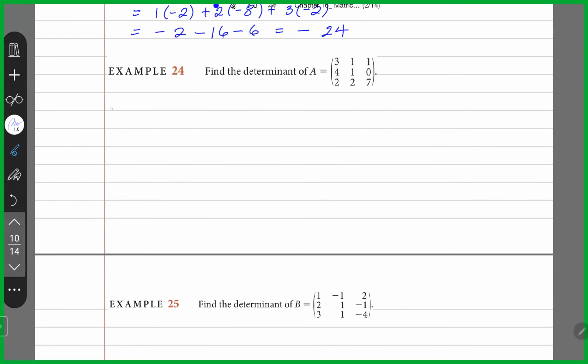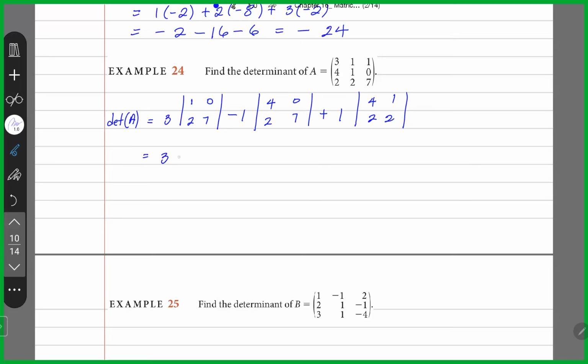In example 24, the determinant of A is equal to 3 times the determinant of 1, 0, 2, 7, minus 1 times the determinant of 4, 2, 0, 7, plus 1 times the determinant of 4, 1, 2, 2.